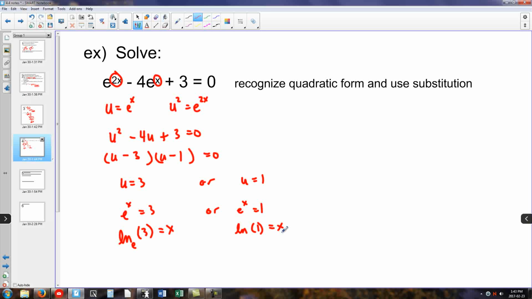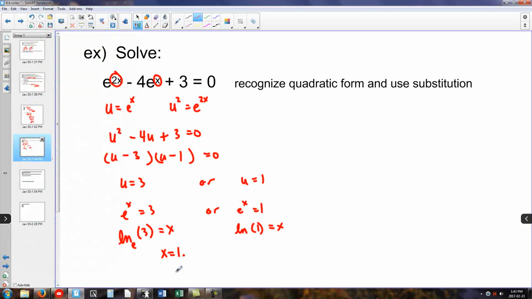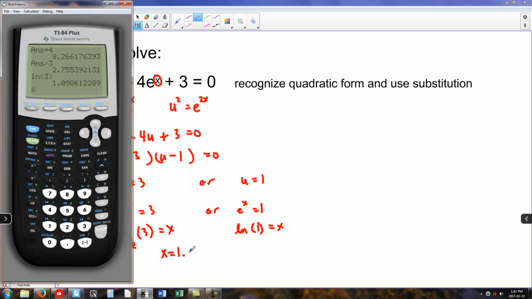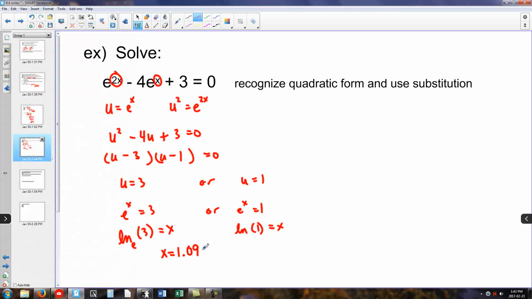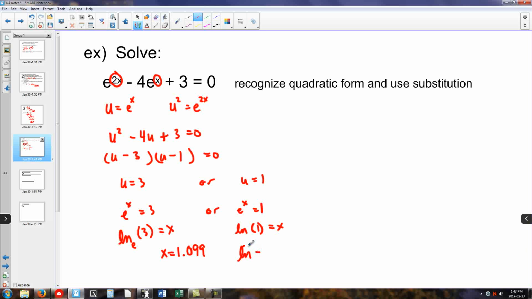Okay, and so we need to plug these into the calculator. We do this a little bit. We don't do it near as much as might be worth our time. But x will equal 1.099 over there. And if we do the ln of 1, you should know what that is. But if you don't, we plug it in and we get x would equal 0.